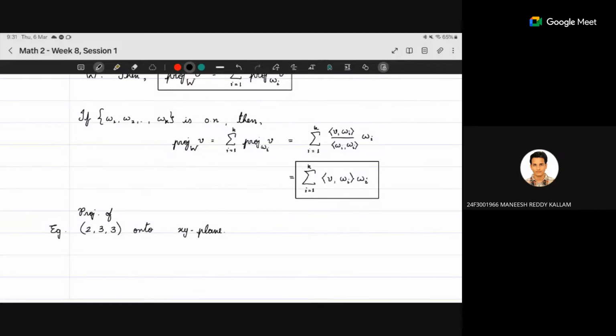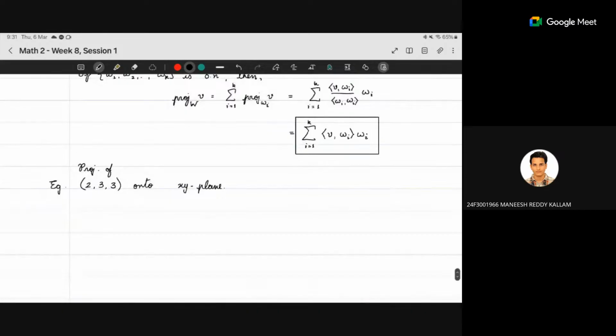A basis, not just any basis. I need an orthogonal or orthonormal basis. But this is the xy plane in R3, so you have a natural choice of an orthonormal basis. What is it? (1, 0, 0) and (0, 1, 0).